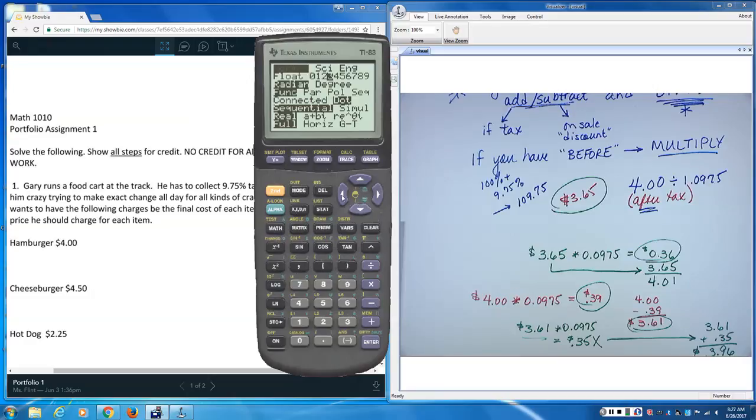Yeah, it should have been 64 cents. You're right. I didn't realize the settings were messed up on the calculator. Yeah, I thought we were crazy.